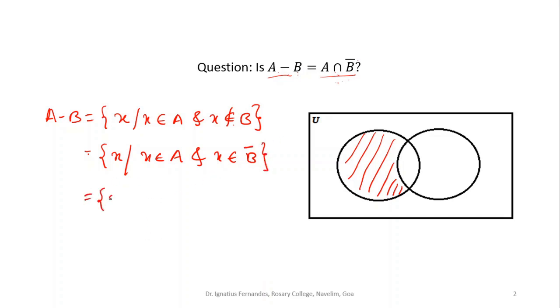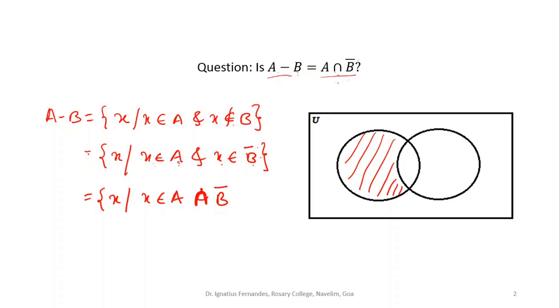So we have all the x that are in A and in B complement. That means x is a common element in A and B complement. That means x is in A intersection B complement, right?